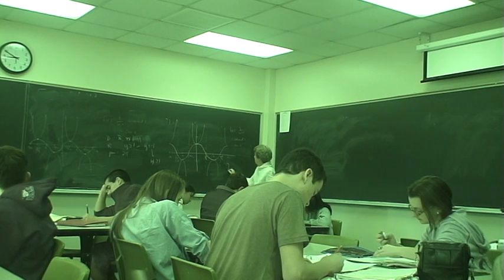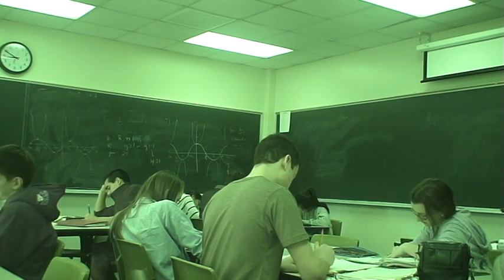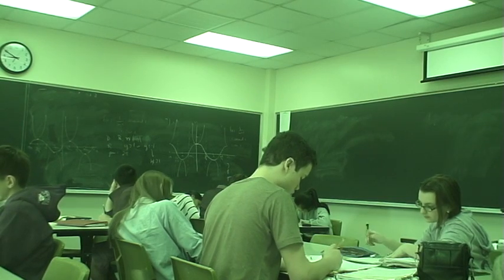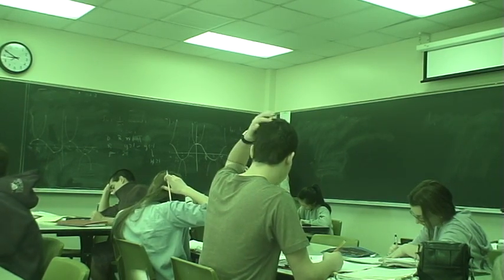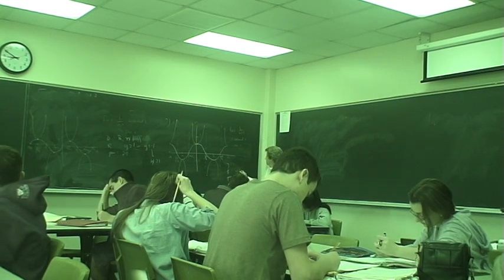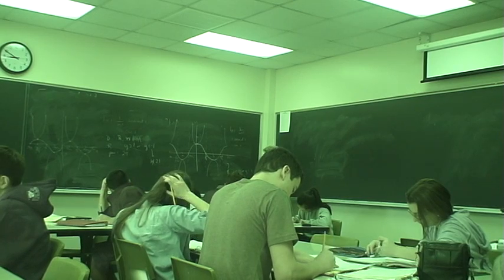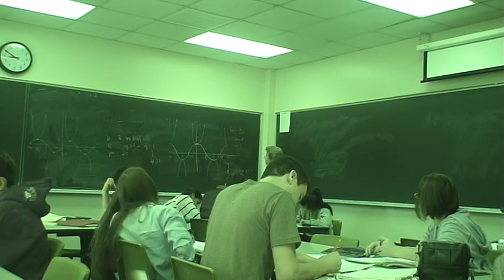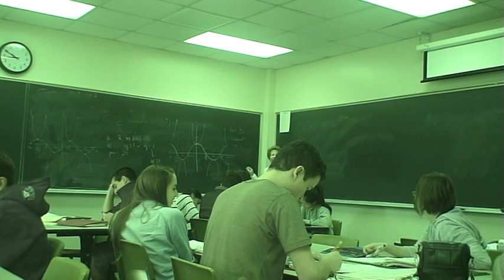All right, domain, range, period. What's easy? Range is the same, right? What's the period? It's also 2 pi, right? All right, here we go. Toby, you want to tell me about the domain?